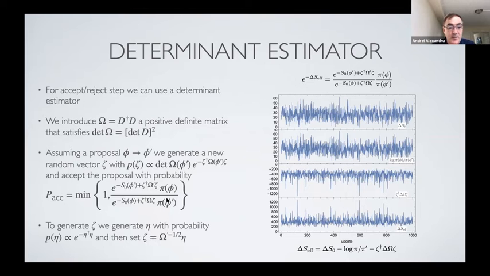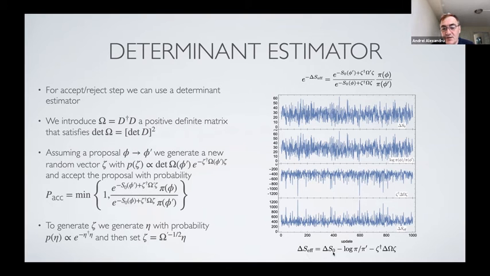The problem is that if you actually use this estimator as it's written down, the probability of acceptance actually becomes 0 immediately. To understand why that is, you look at this accept-reject step and think of it as being driven by some sort of an effective action. So it is the fluctuations of this effective action that matter. If you look at the effective action, you can spell it out.